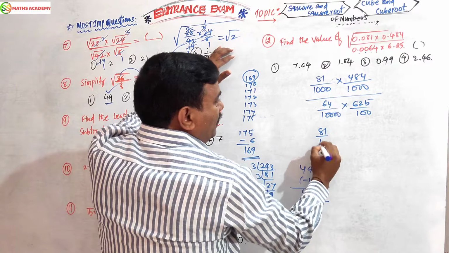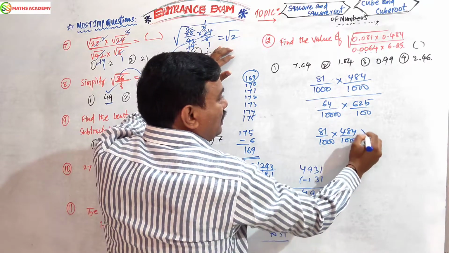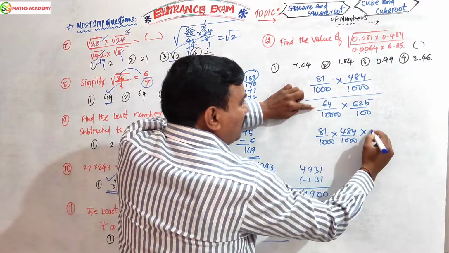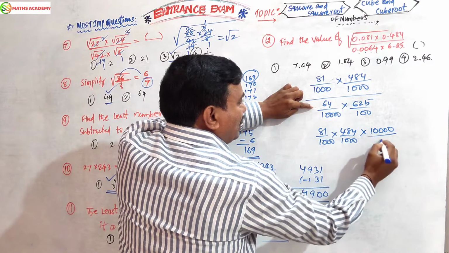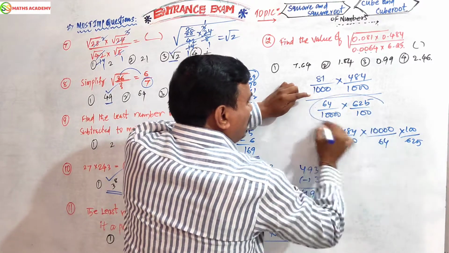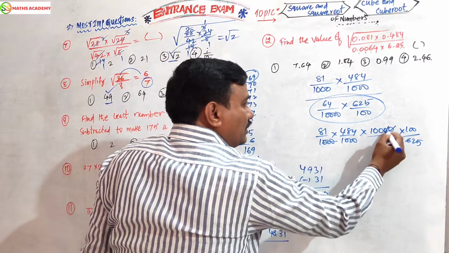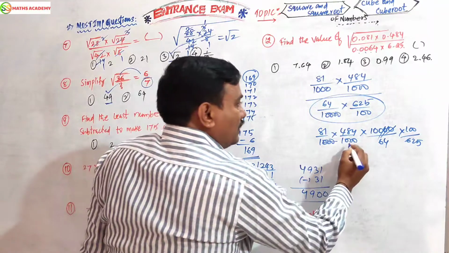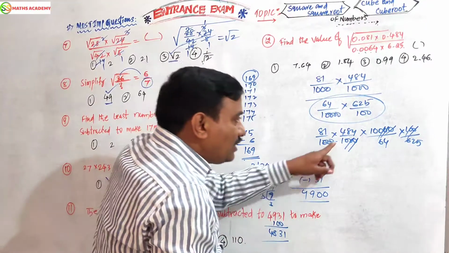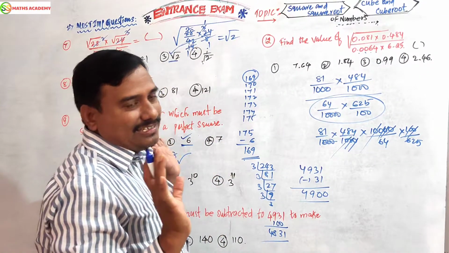Now 81 by 1000 into 484 by 1000, and the denominator fractions become reciprocals: 10,000 by 64, 100 by 625. 3 zeros cancel, and 2 zeros cancel, and one more zero cancels. So all zeros will cancel.